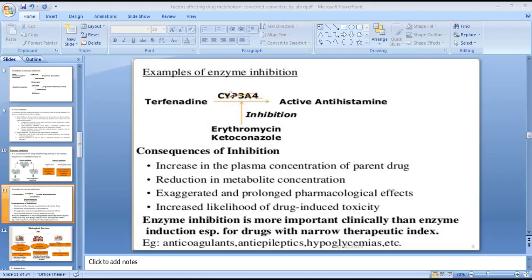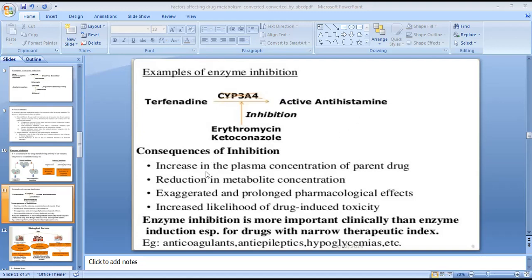See, enzymes are very specific in nature and they are stereoselective and stereospecific. So they do their reaction conversion very specifically. So what happens if this is a location for the metabolism and there is a tremendous amount of terfenadine molecule available? That's why this enzyme is unable to do its activity of converting terfenadine into an active antihistaminic.